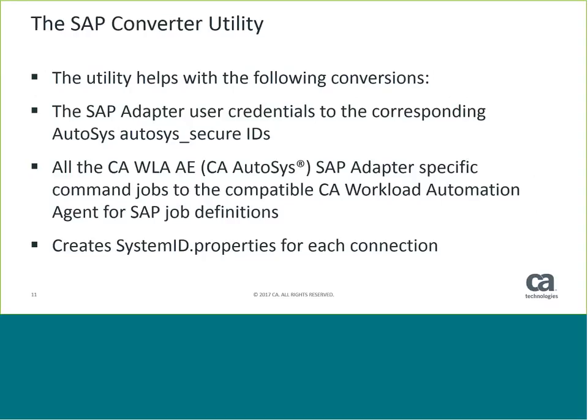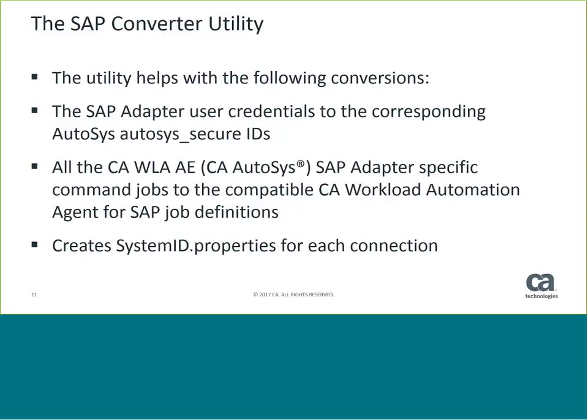Okay, so the first thing it will do, and this is a challenge for some of the SAP customers I know, is that you've spent time setting up the configuration assistant. You have user IDs in there, passwords, and profile information, to the point where you may not even remember the password for some of those users. And if you change the password, there's a chance that other things will stop working.